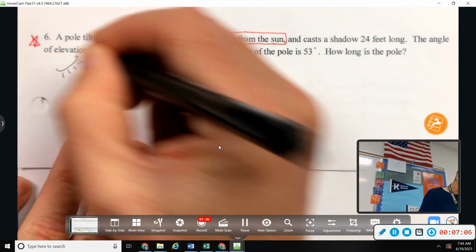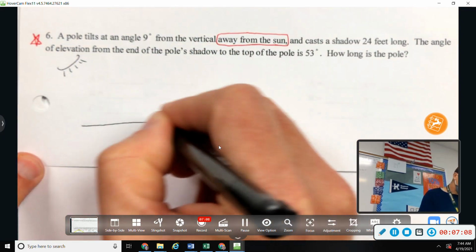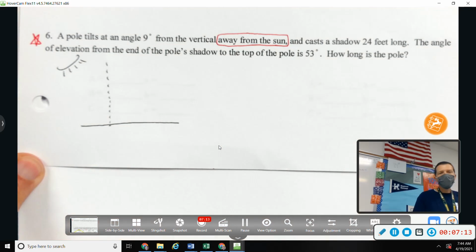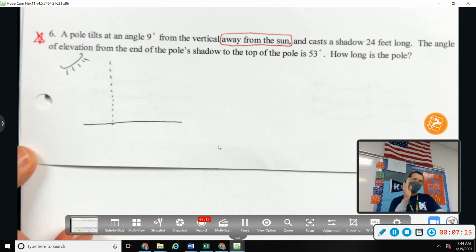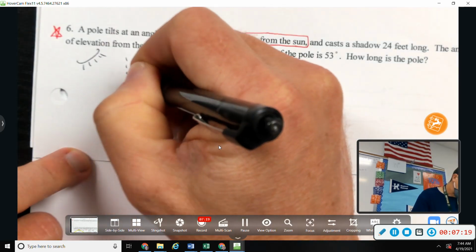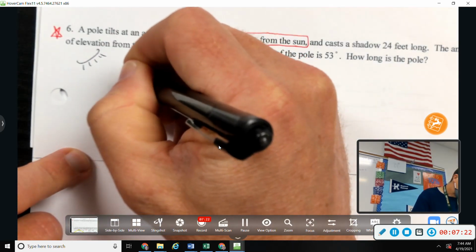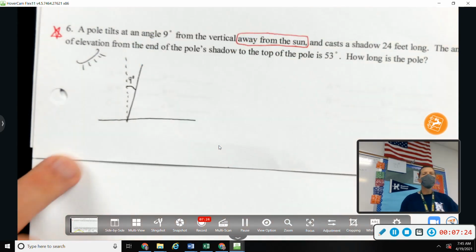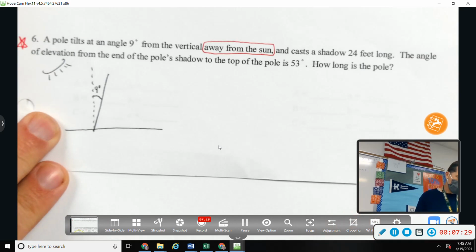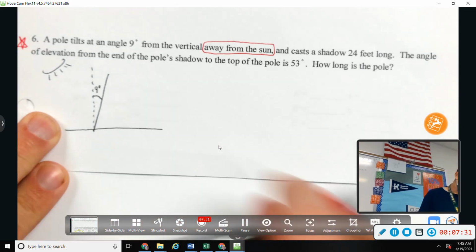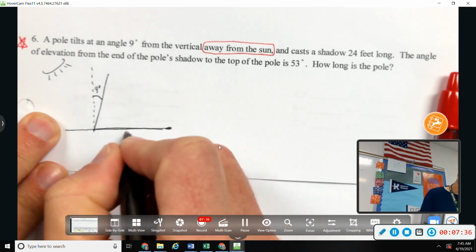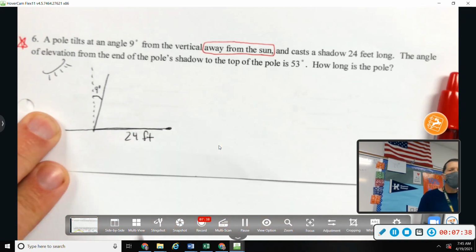So here's the sun. There's completely vertical. So we're 9 degrees off of that, but instead of leaning toward the sun, we're leaning away from the sun. Cast a shadow that's 24 feet long. So the shadow on the ground is 24 feet long.